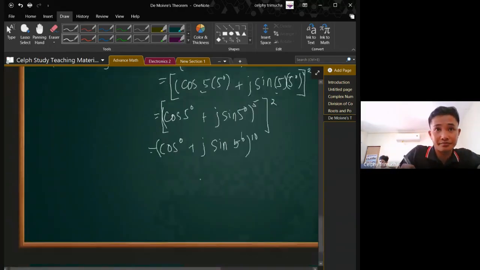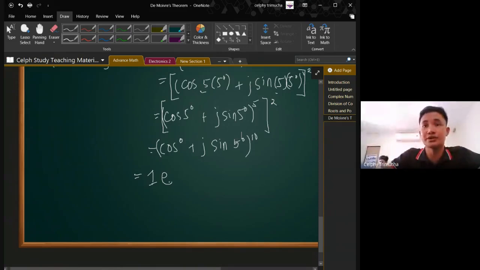So our exponential form will be, since we have no value here in front, automatically 1 is our magnitude, then we express the exponential form. We will have e times j times our 5 degrees.